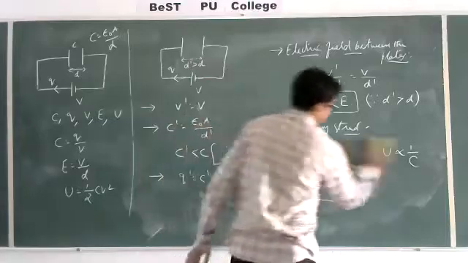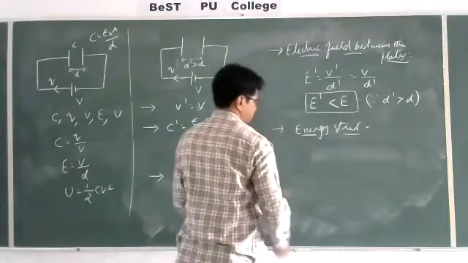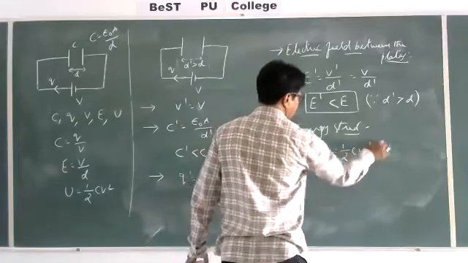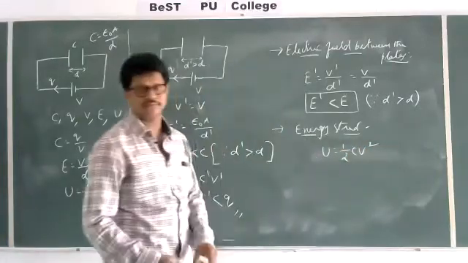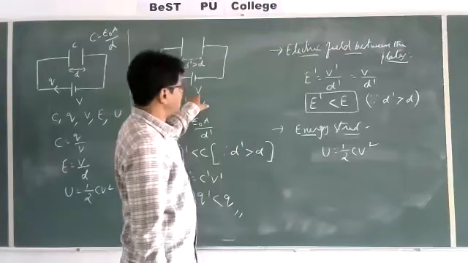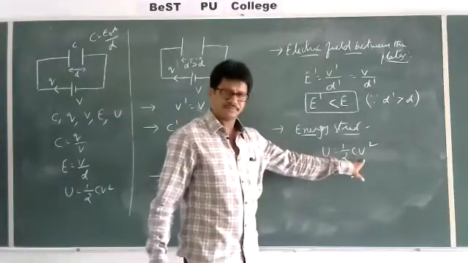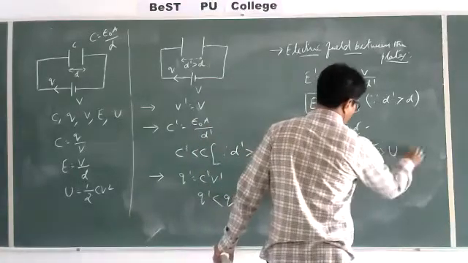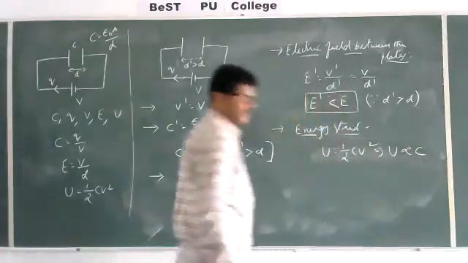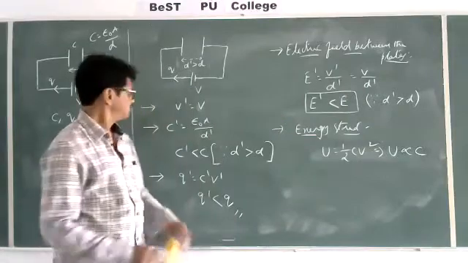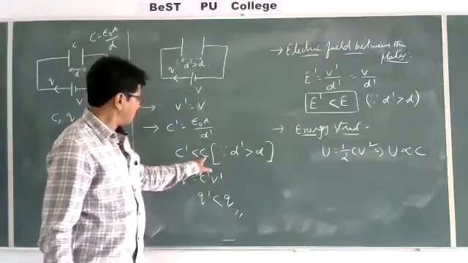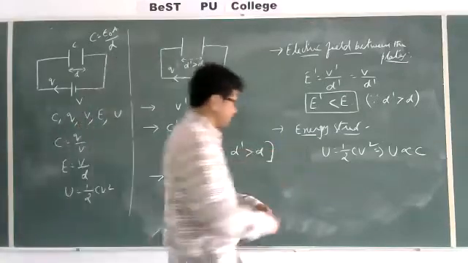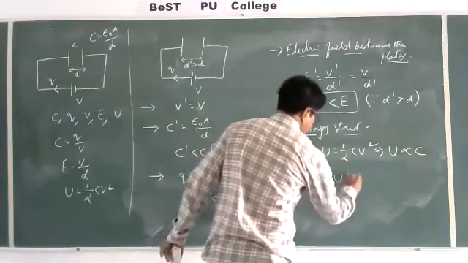What is the energy stored? What formula can you write? U is equal to half CV square. Still the battery is in connection, V remains constant. Then I will write U is directly proportional to C. As the C value decreases, definitely the energy stored will also decrease.